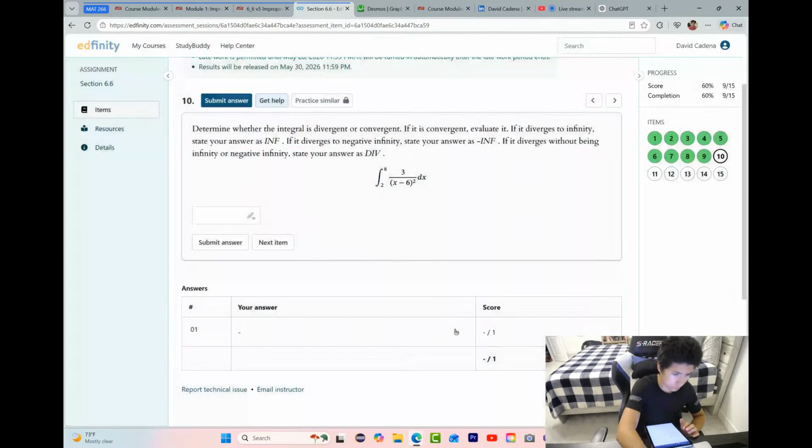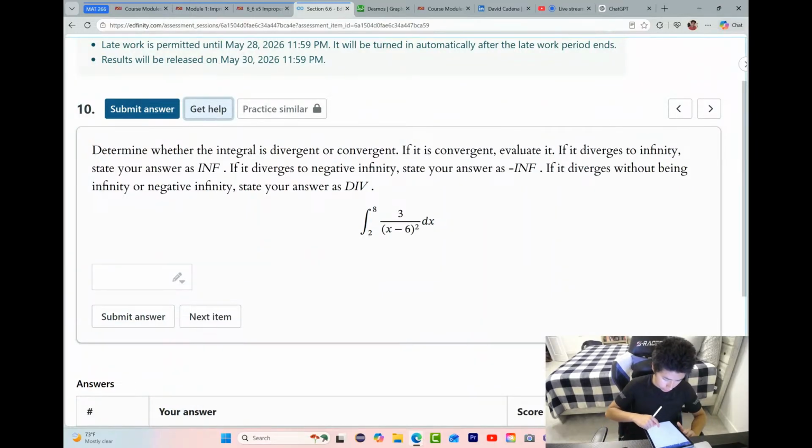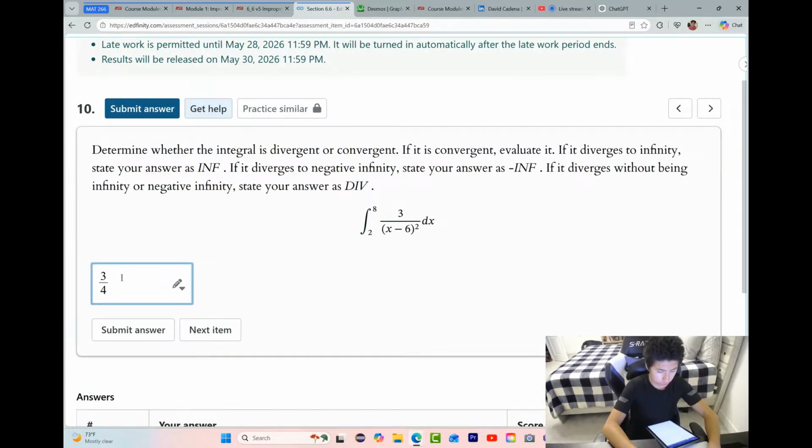All right, so we have our limit that tends to 8. I think this is going to be wrong.